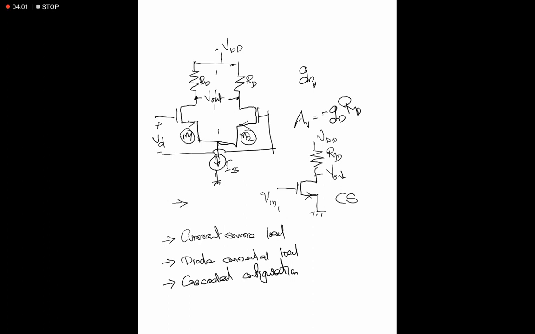We also need to discuss one more thing in this differential amplifier, that is how we can take the single-ended output without degrading the gain. If we take the single-ended output of this circuit, we will get a gain of only minus GM RD by 2, because each MOSFET is getting only half of the differential signal.